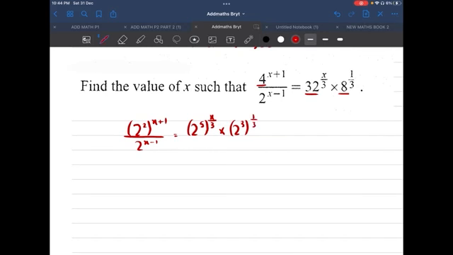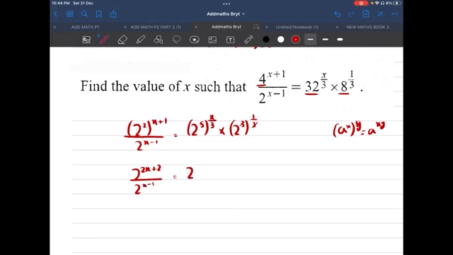Yes or no? Can I cancel this? Yes, I can. So it's going to become 2x plus 2 based on which rule? Rule number 5. If the power has this, it will become axy. Yes or no?